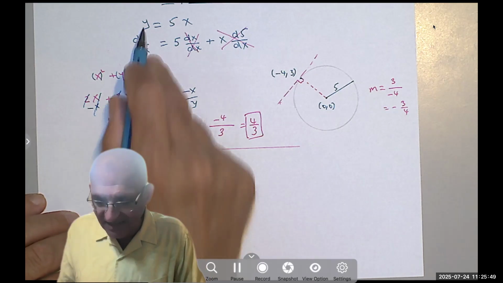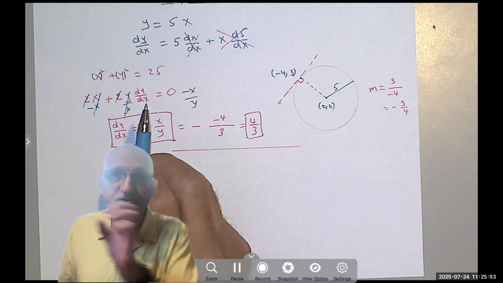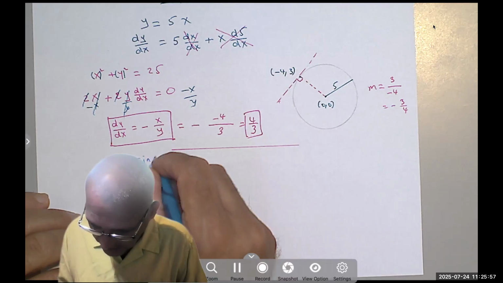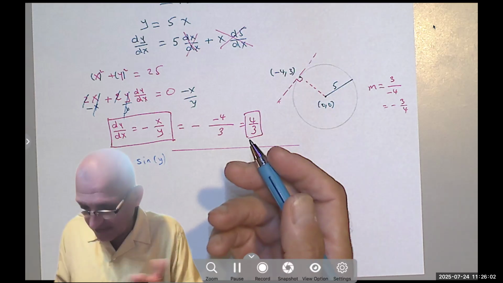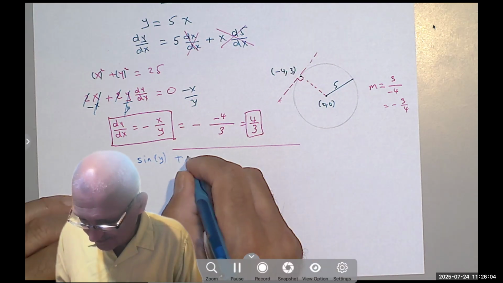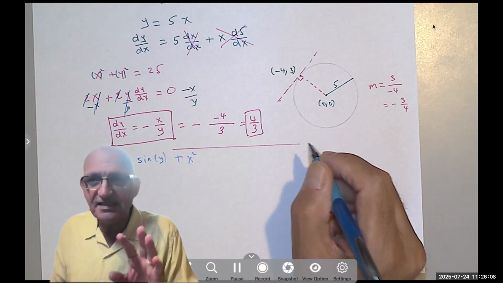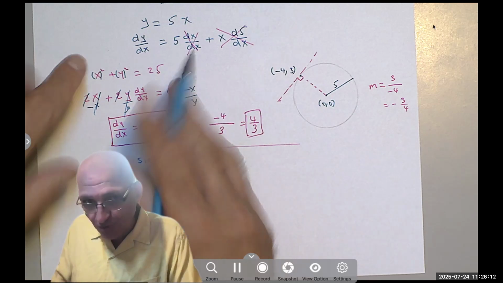Because now even though it's implicit, the x term was separate from the y term. But what if we combine them and we say, for example, sine y plus x squared, for example.